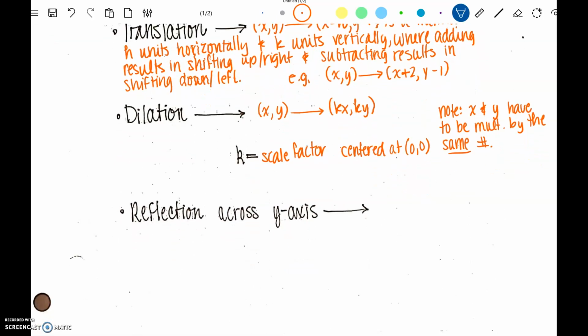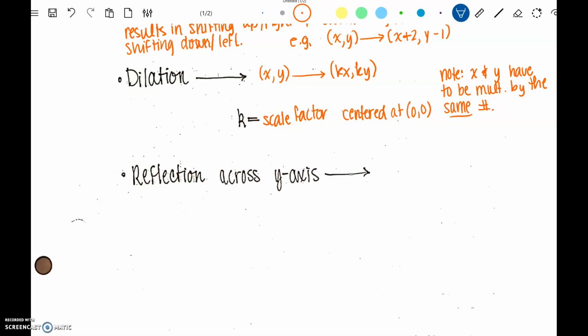The next transformation is a reflection, and the one that I'm going to show you is a reflection across the y-axis. Okay, reflection across the y-axis means this point is transformed by changing the sign of the x and leaving y the same. So let's look at what that might look like. If we have, let's say we're going to reflect this point across the y-axis, so it'll move this direction and it'll be over here.